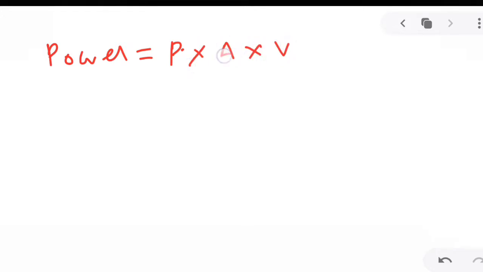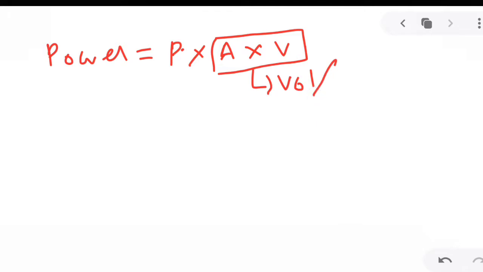Now from equation of continuity, we know that area into velocity is equal to the volume of water that is emerging out per second. That is rate of flow. So area into velocity is rate of flow.